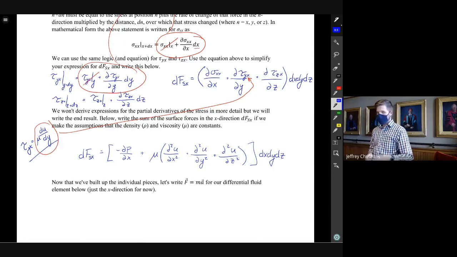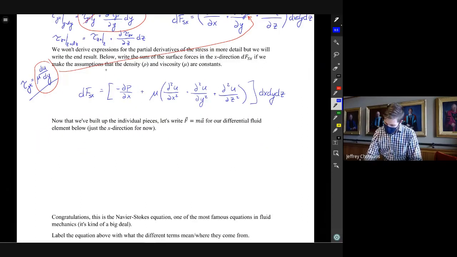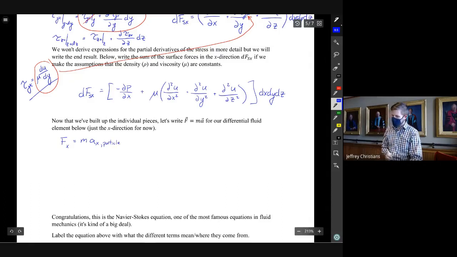And then we're pretty much there. So let's look at what we're trying to do: F of x equals mass times acceleration of x, the acceleration of the particle.